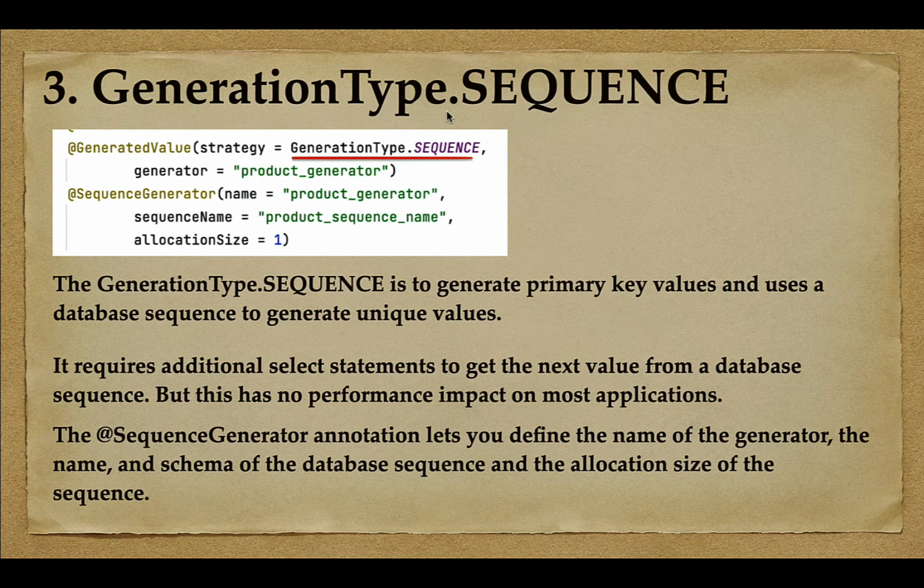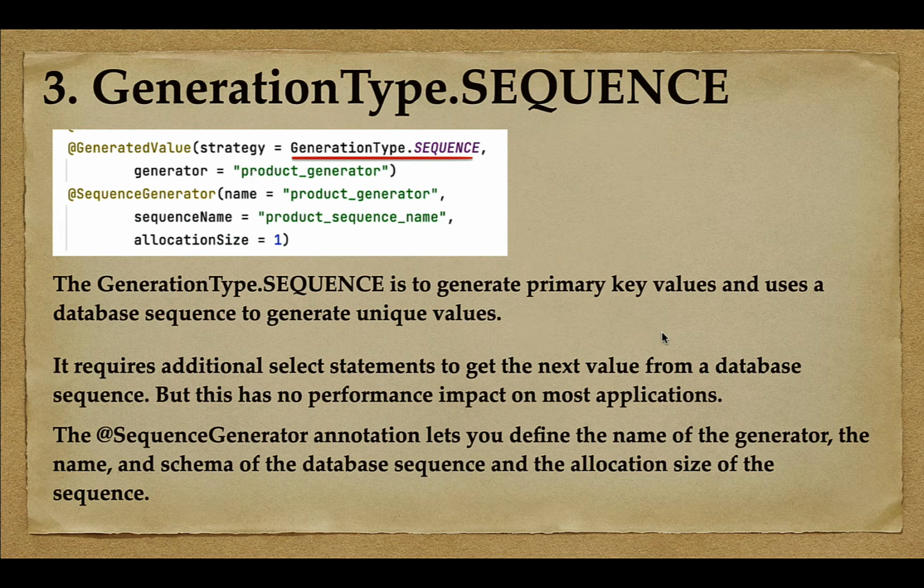The sequence strategy uses an additional select statement to get the next value from the database sequence, but this has no performance impact on most applications. Most relational databases support sequences, for example PostgreSQL, Oracle, and MySQL.